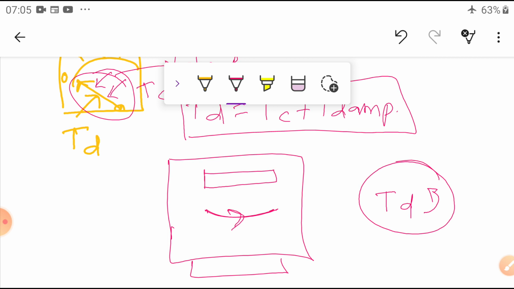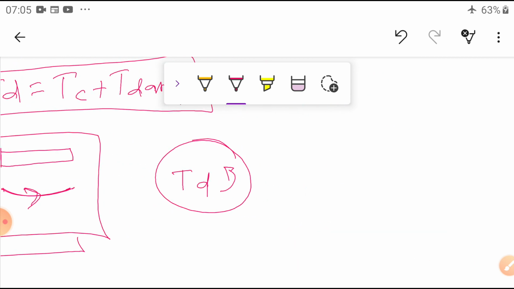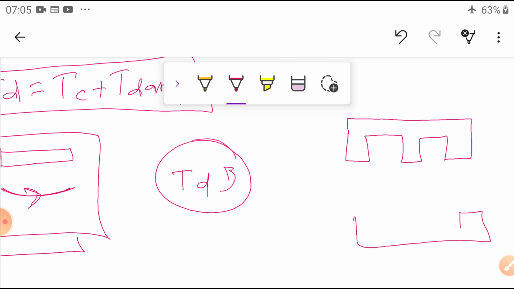There is an interaction between the two. Here we are providing two magnets, this is the M1 magnet and this is the M2 magnet. In between, I am providing one aluminum disc.